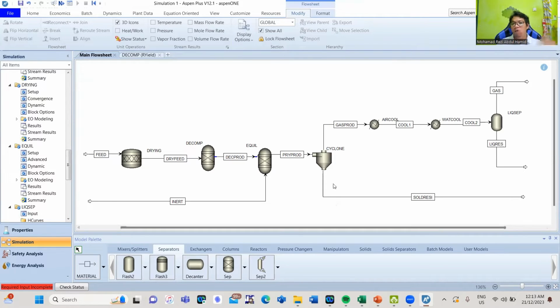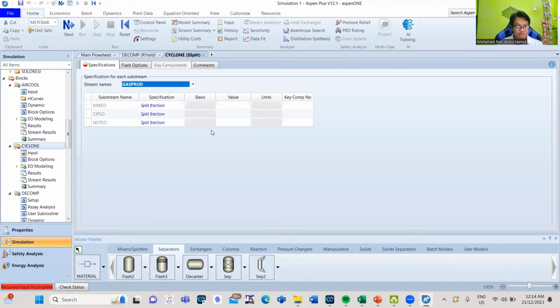Whatever solid, including ash and char, will be collected below. So how can I simulate those? I'm going to use this substream separator. Double click. Now, I'm not going to define this; I'm going to define solid residue.